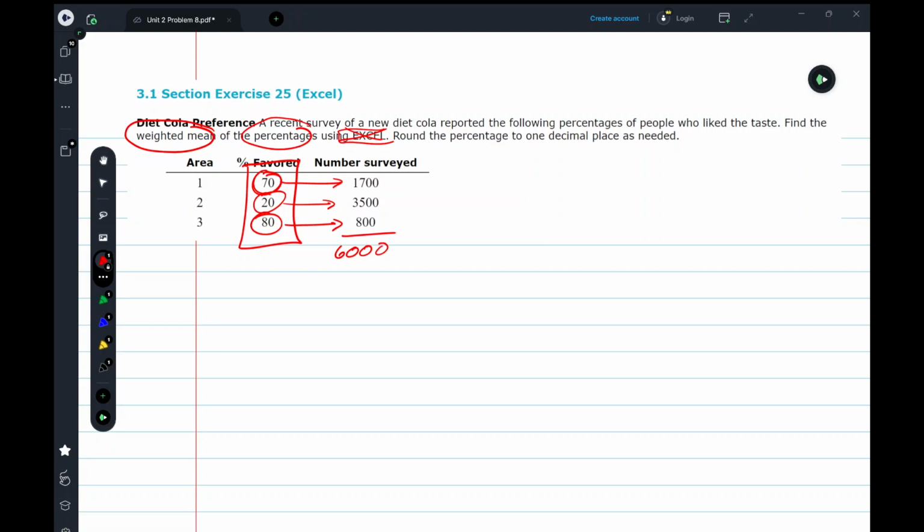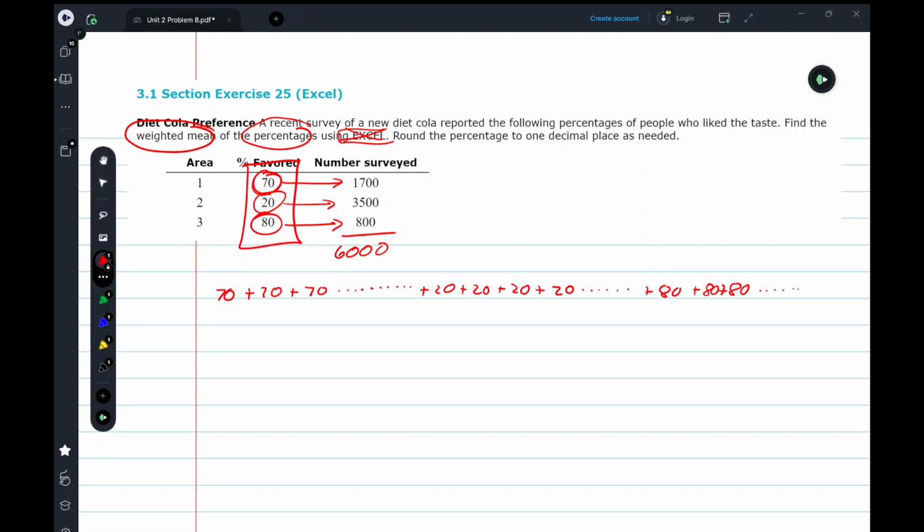So how do I do that? It would literally be doing 70 plus 70 plus 70, 1,700 times, plus 20 plus 20 plus 20 plus 20, 3,500 times, plus 80 plus 80 plus 80, 800 times.